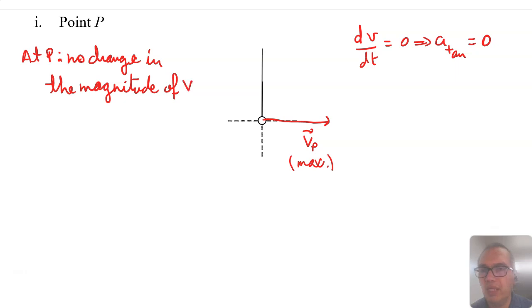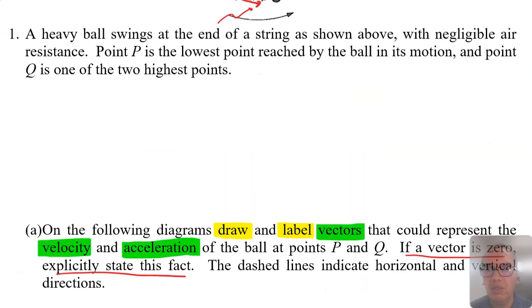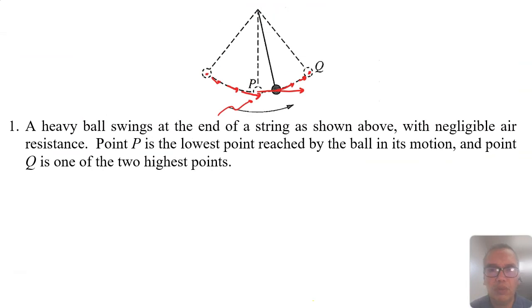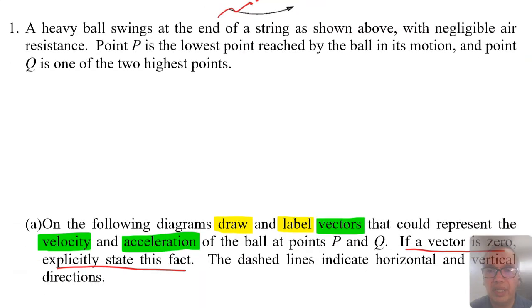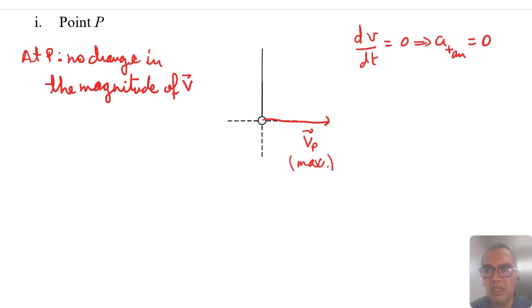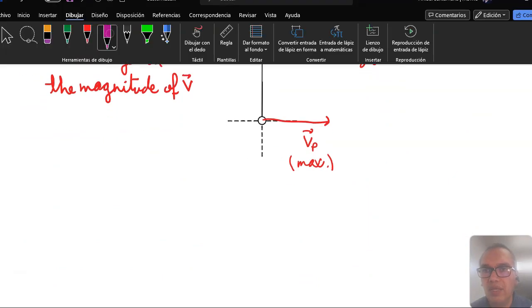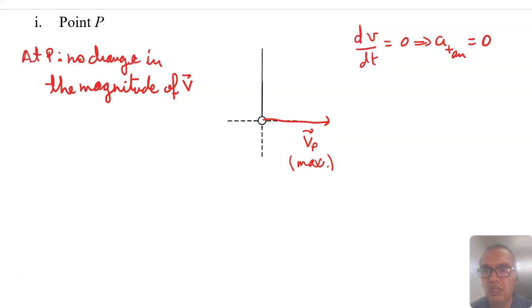If there is no change in the magnitude, what about the direction? Well, just like the figure indicates, the object is always following a circular path. And so it is changing direction. The velocity is changing direction all the time. In particular, this means that you do have an acceleration, and this is what we call a radial or centripetal acceleration, because you do have a change in the direction of v.